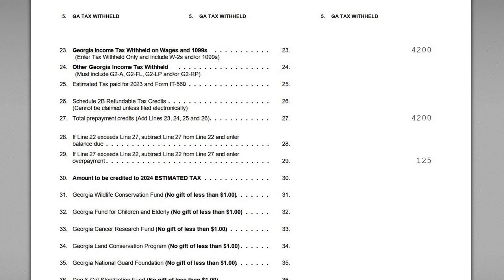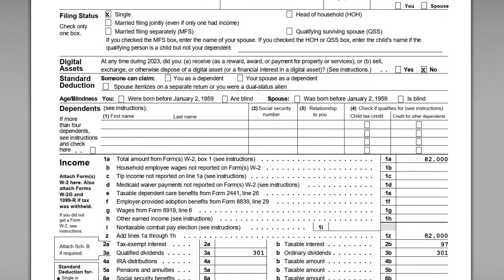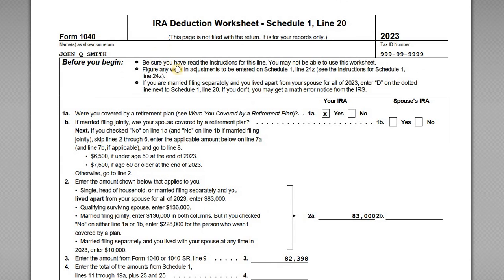So if we go back to the return, let's say in this example, John wanted to make a contribution to his traditional IRA. Well, you can make contributions to a traditional IRA, and you can take a tax deduction for those amounts, but the amount of deductible contributions is limited depending on whether you were covered by a retirement plan at work.